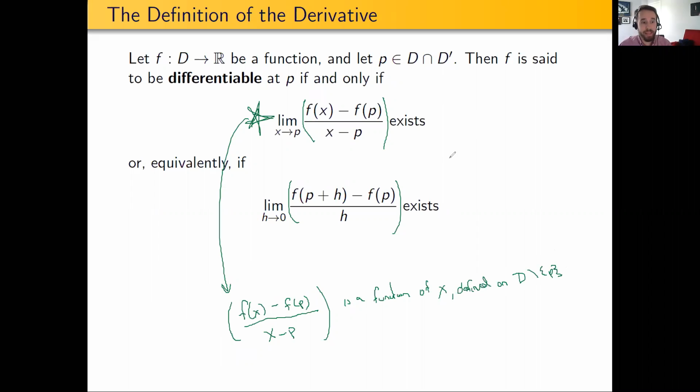All right, so p is not in the domain of this expression, but it is still an accumulation point of the domain of this expression because it was an accumulation point of D. So because p is an accumulation point of this new domain for this new function, I can explicitly talk about taking a limit as my x values in the domain approach the point p.